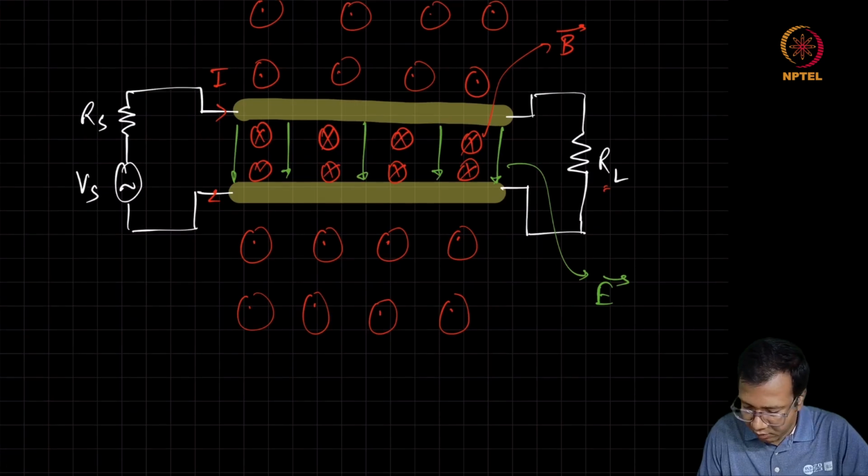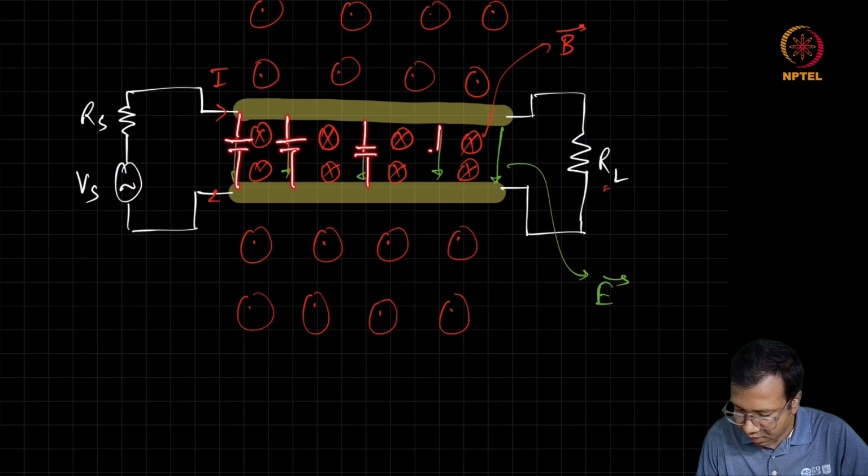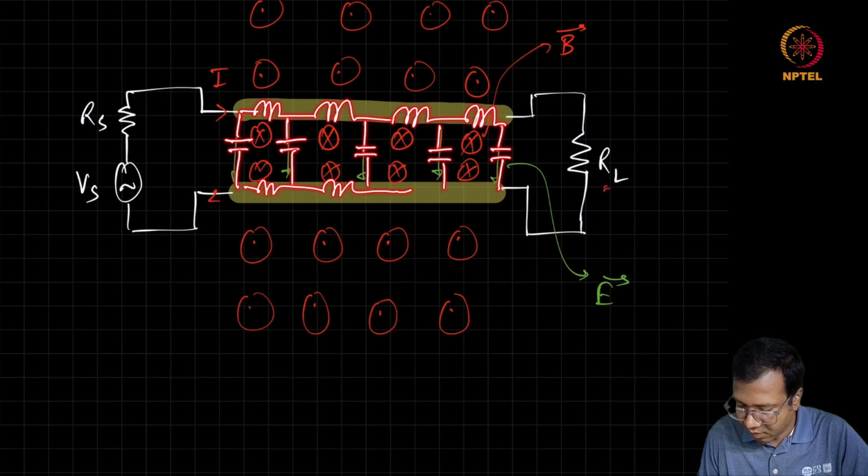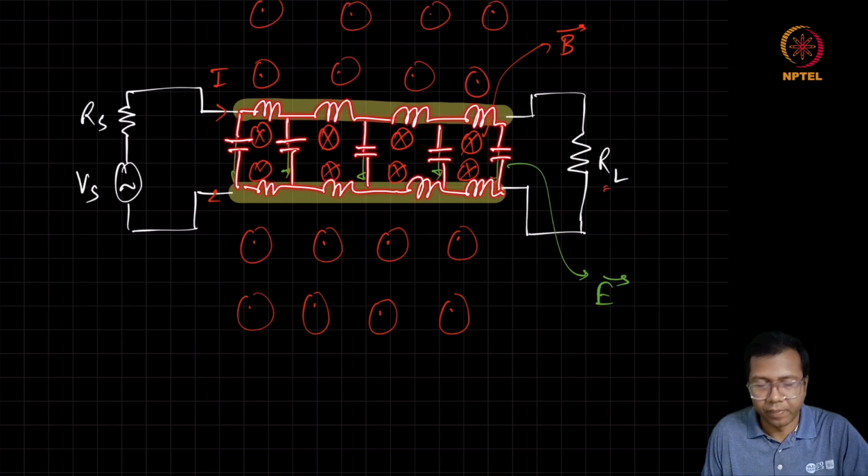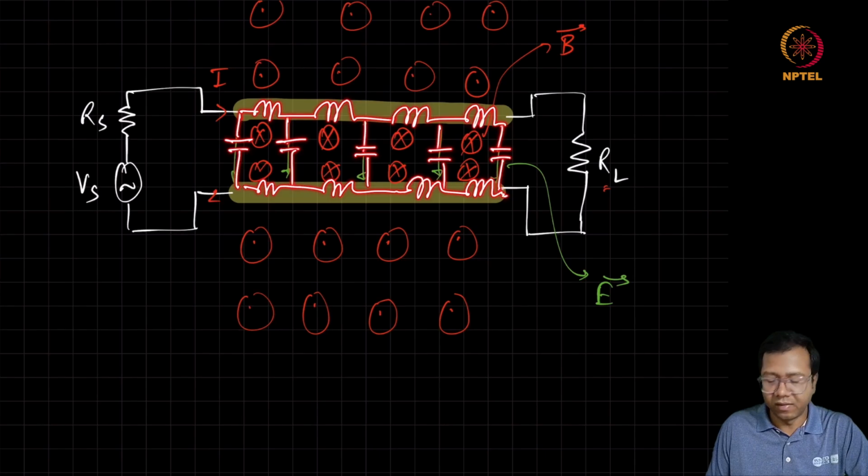One may attempt to model these lines as capacitance as well as inductance, because we can see that this magnetic field is uniformly spread along the line. Similarly, the electric field is also uniformly spread along the line. So it's very difficult to just lump one inductor and one capacitor.